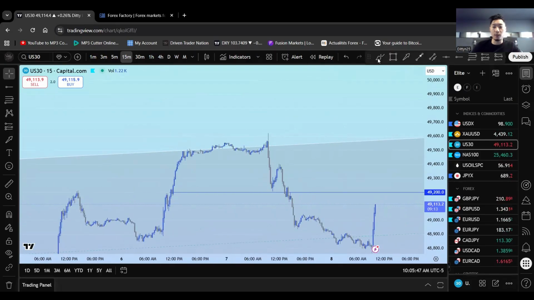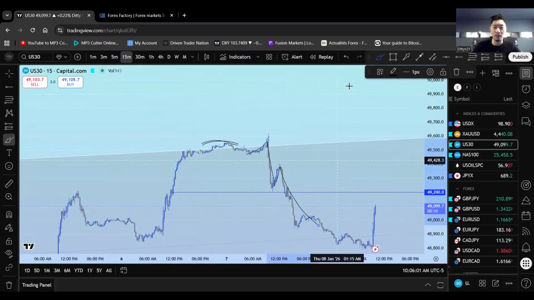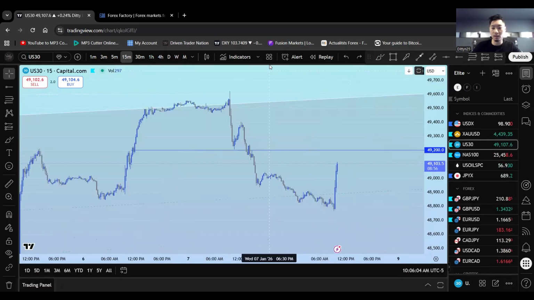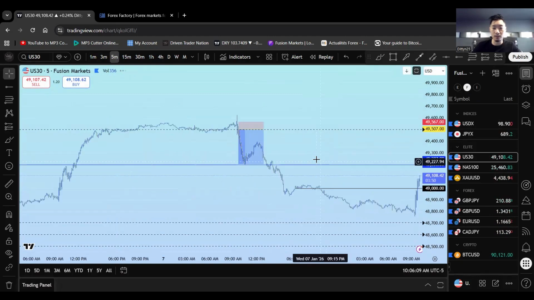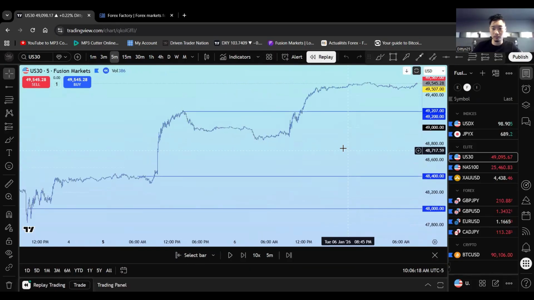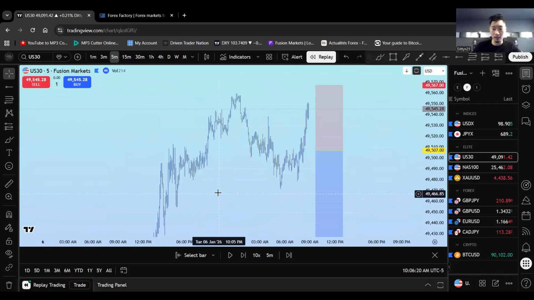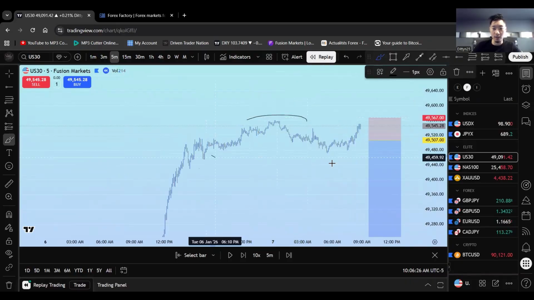I was looking for potentially a break retest and then pump, or a grab of liquidity of this high and then reverse, right? So once I saw that here, look at the M5, look at the structure you see here. So what we have, liquidity here, liquidity here.